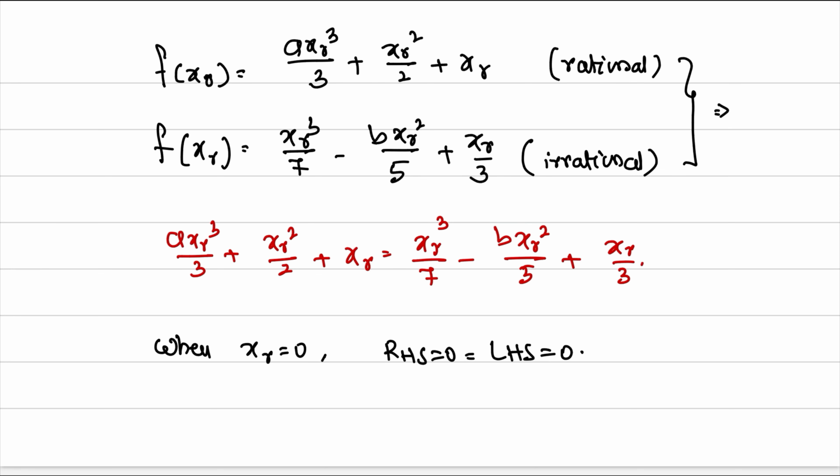Let us say at x is equal to 1, what should be the value of a and b? When x is equal to 0, the particular function is not dependent on a and b, because it becomes 0. Hence, we want a non-trivial solution.